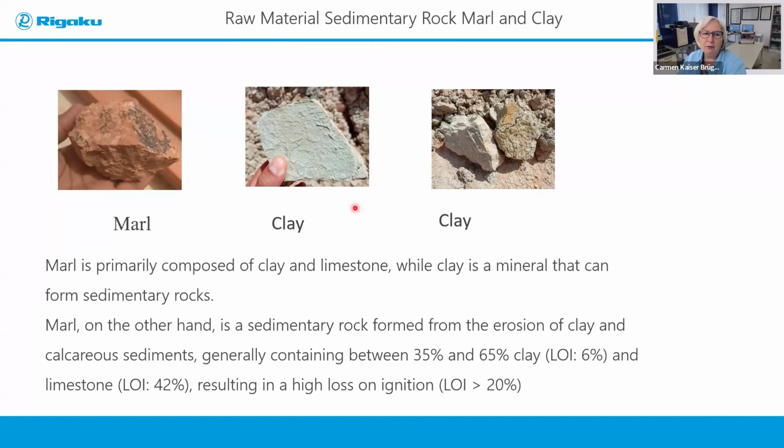And then, of course, we can get pure clay, so depending on how the color is and the loss on ignition, it can define what kind of sedimentary rock we have in the lab.